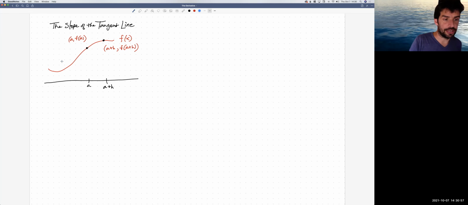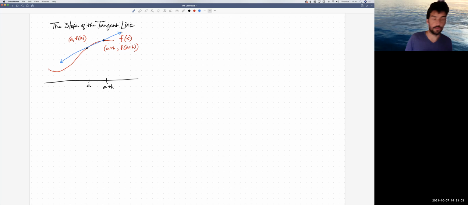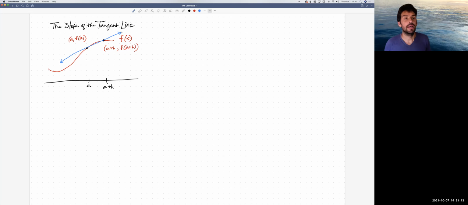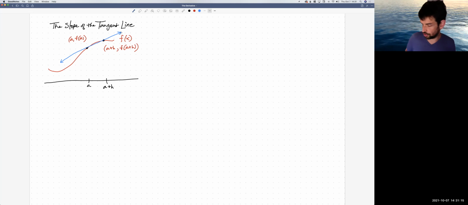And so we can imagine drawing the secant line through these 2 points, okay? So we want the tangent line at the point A, and this secant line that I've drawn here is a decent approximation.